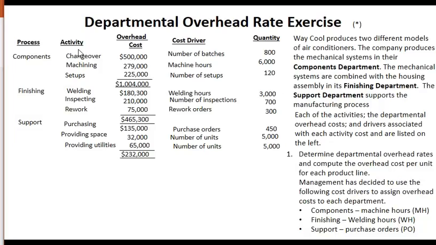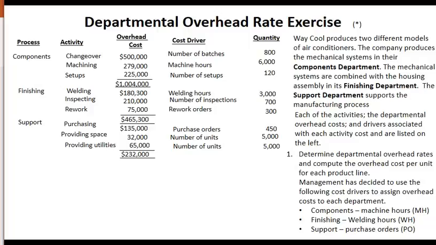Now let's go ahead and use WayCool again with all the exact same information. The company produces their mechanical systems in the components department. The mechanical systems are combined with the housing assembly in the finishing department, and the support department supports the manufacturing process.